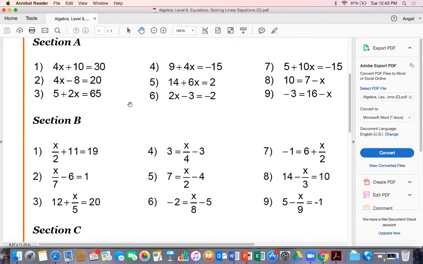Okay, Jacob. The answer is x equal to 4. How did you get x equal to 4? Can you explain to me, please? Move the 11 in front. Let me just.